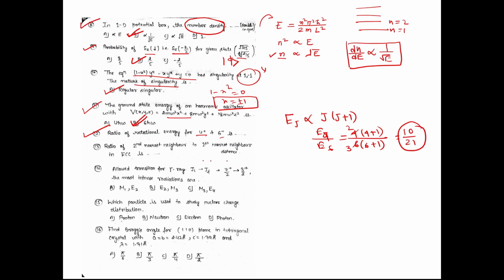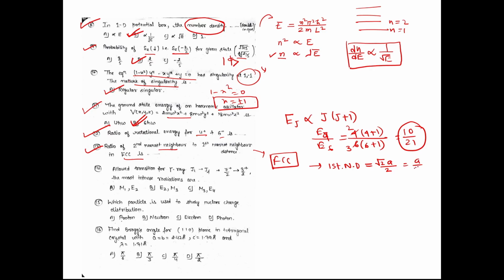Okay, 10 by 21. Next is the ratio of the second nearest neighbor to the first nearest neighbor in FCC. Okay, so for FCC structure, the first nearest neighbor distance is basically the face diagonal root 2 a, divided by 2.